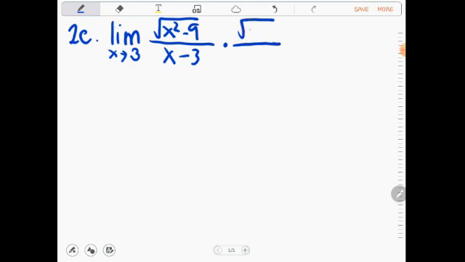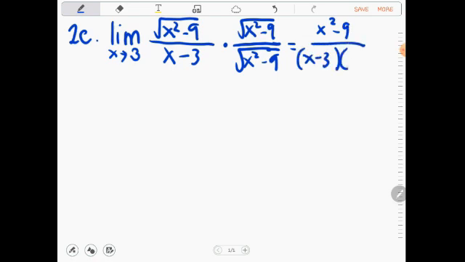So this would give us a square root of x squared minus 9 times square root of x squared minus 9, then yung denominator niya. In this case, mawawala yung radical sa taas and will give us x squared minus 9 all over quantity x minus 3 times square root of x squared minus 9.